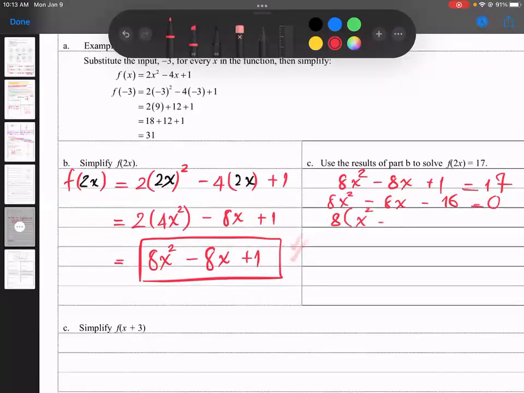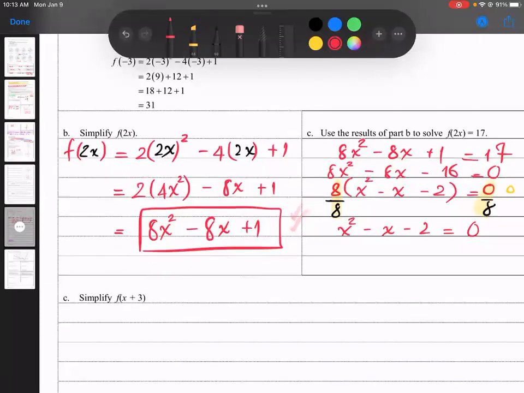So divide both sides by 8: x squared minus x minus 2 equals 0.